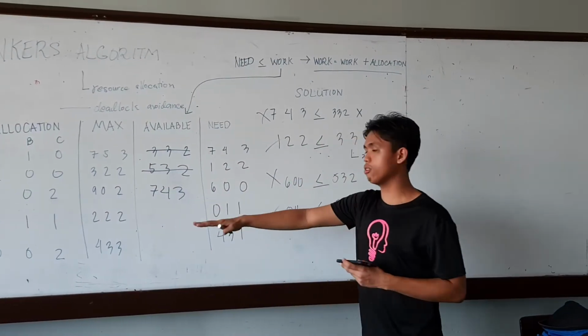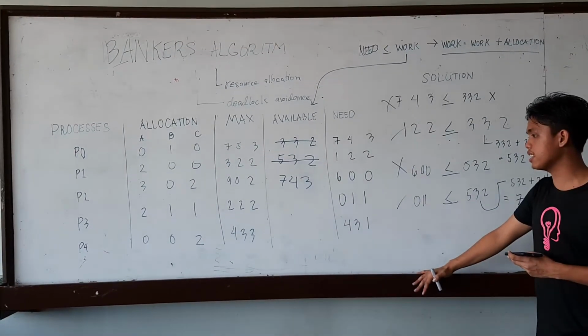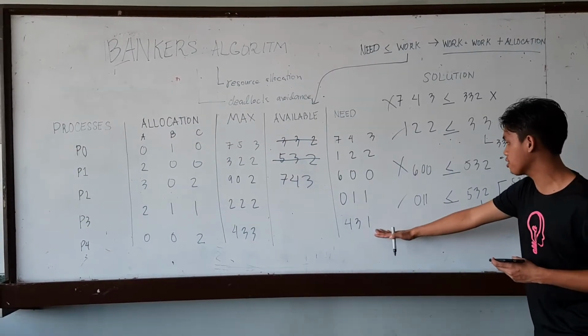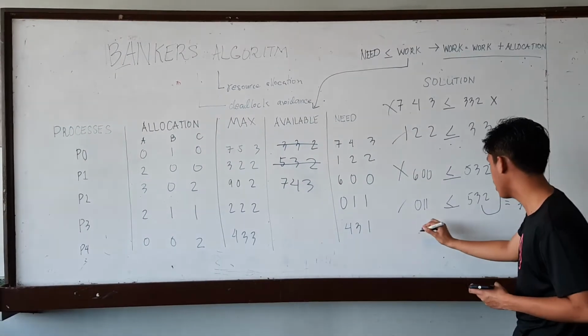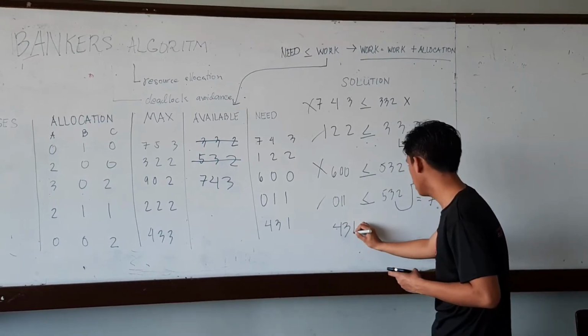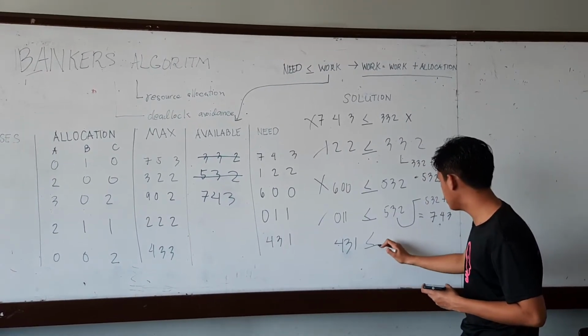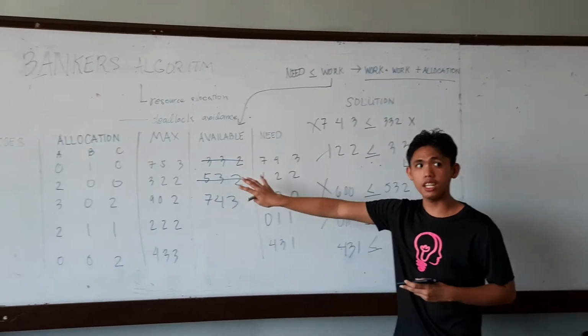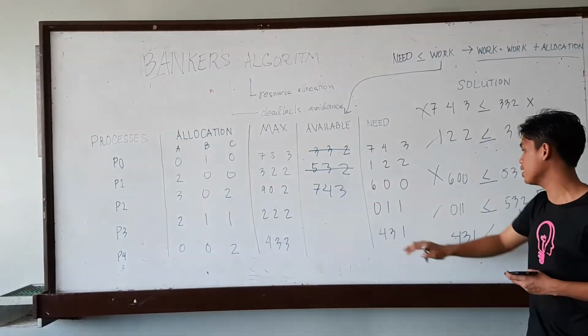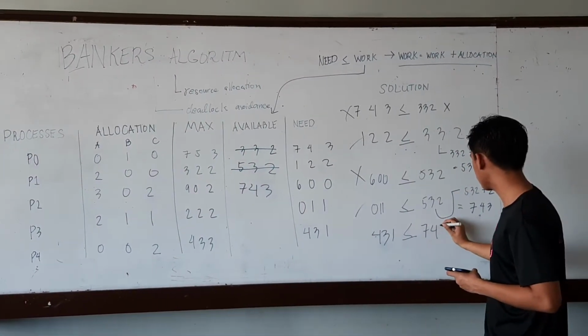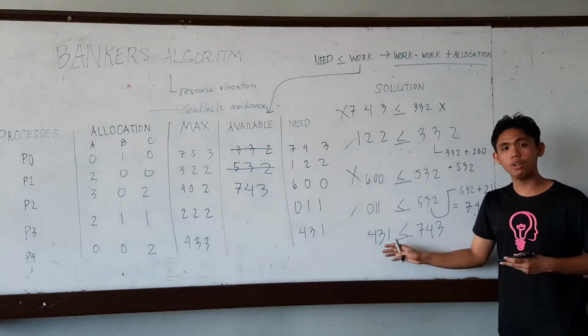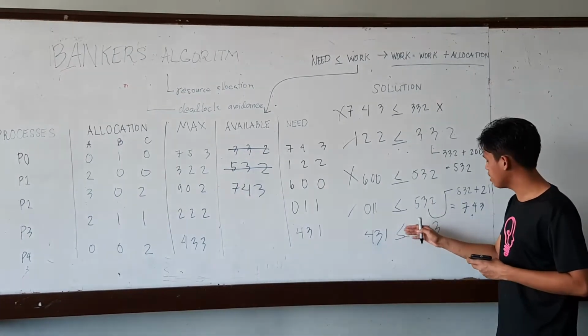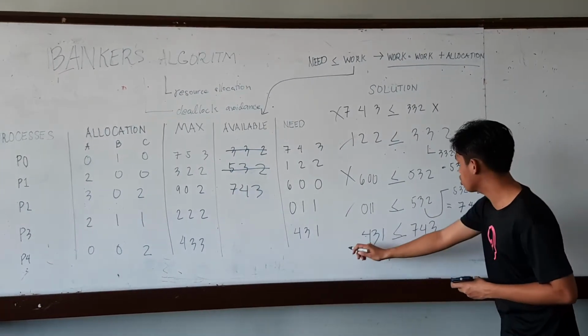Now let's go to the last process, which is the need 431. Is 431 less than or equal to, instead of 532, now 743? So 431 is less than or equal to 743, so it's true.